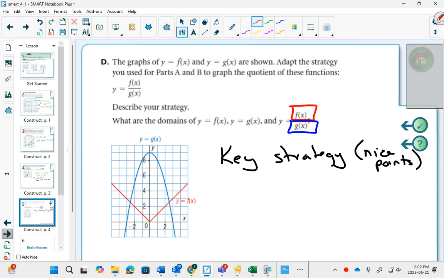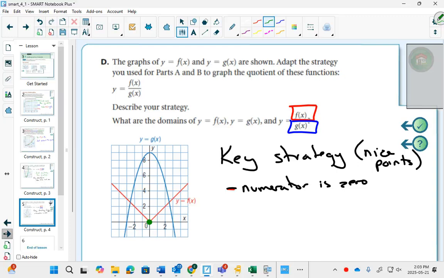What are easy things to divide by or easy things for dividing? 0 for which? Numerator or denominator? Numerator. So, key strategy number 1: numerator is 0. So let's go. My numerator is the red graph. Is my red graph ever 0? Yes. And 0 divided by anything is 0. So I'm going to have a green point there.